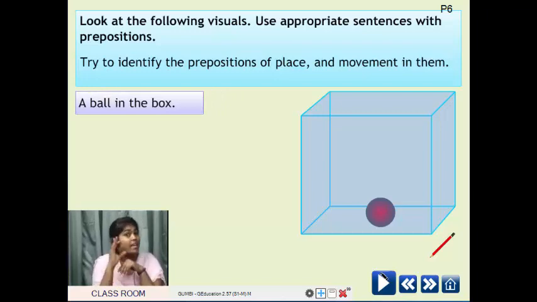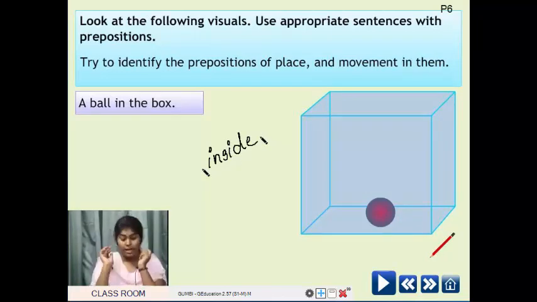A ball in the box. One more word for "in" there. Can I say a ball is inside the box? Yes, absolutely. Because it is inside the box, you can say a ball is inside the box. Okay, now we'll try. I'll take this ball and I'll place it here.